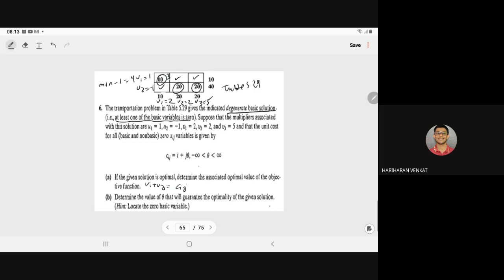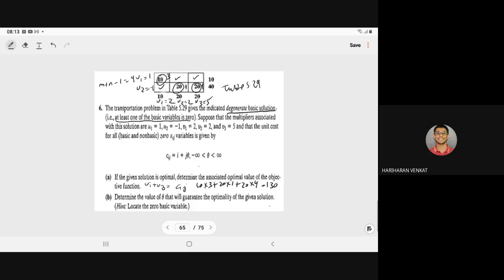Similarly, C22: minus 1 and 2, so it is 1, and C23 will become minus 1 and 5, so it is equal to 4. So the optimal cost will be 10 into 3 plus 20 into 1 plus 20 into 4. So 30, 50 and 130. So the optimal cost will be 130 for this transportation problem.